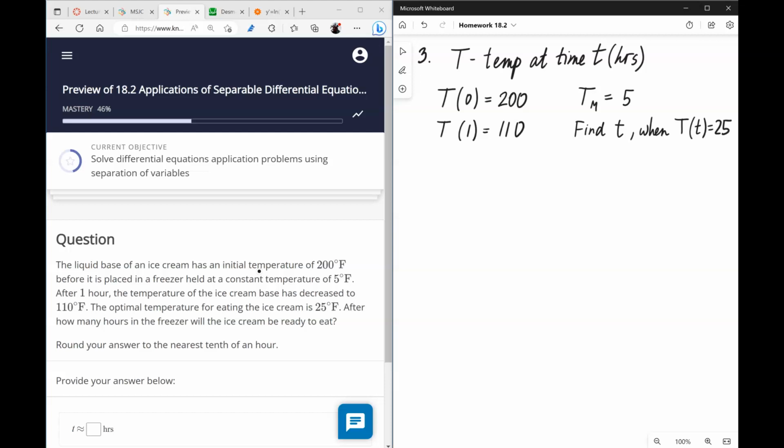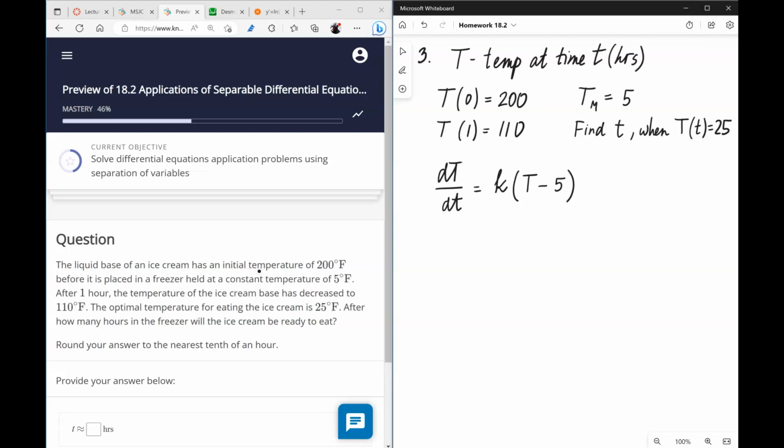That's the problem. Now we're going to use Newton's law of cooling, which states that the temperature changes proportionally to the difference between the temperature and the medium. So the larger the difference, the faster it will be changing. And if the difference is negative, then k will also be negative.